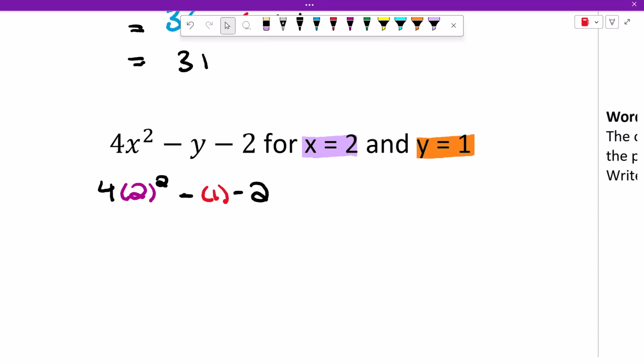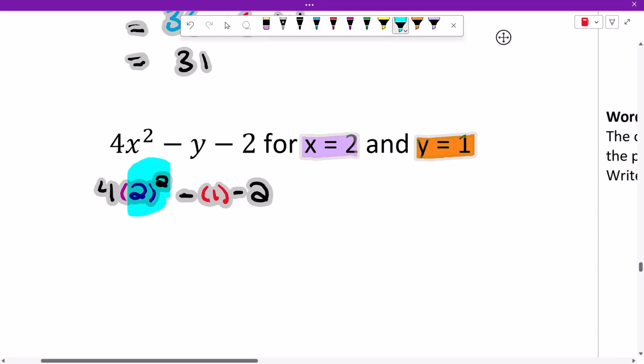Spot the operations. Which one do we do first? The exponent. So you have 2, exponent 2, that becomes a 4. So you have 4 times 4 minus 1 minus 2.